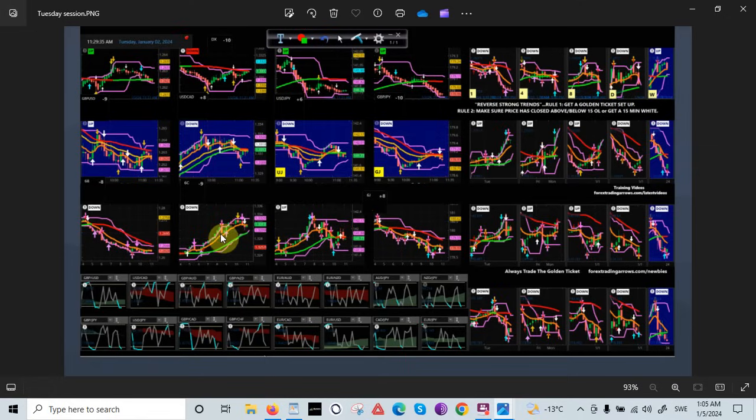GU didn't work. I got some pips on UC, and I got really great pips on GJ, which was also the case yesterday and the day before. So GJ was amazing. It was a killer this week, and about 70% of all the pips I got were from the GJ.